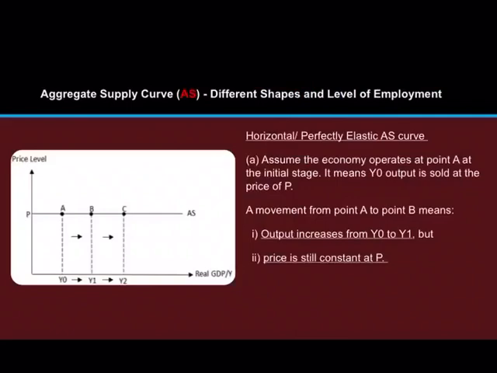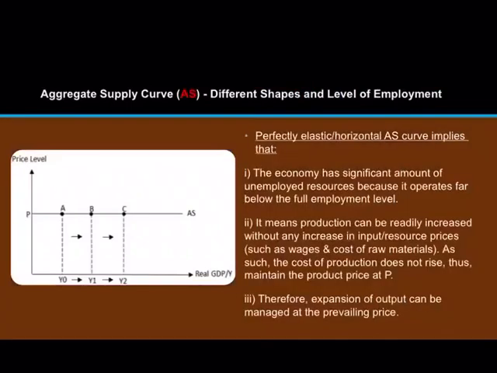Let's continue with the same diagram. The perfectly elastic or horizontal AS curve suggests that the economy has a significant amount of unemployed resources, because it operates so far below the full employment level.